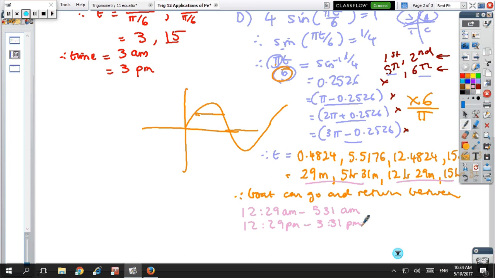But you can just check those calculations, but I think they're the right answers. I'm just a bit worried that there's a 3-hour gap there and there's a 5-hour gap there, so I'm thinking I might have made a mistake with one of those numbers. But if you can just check those calculations, that's going to be close enough.